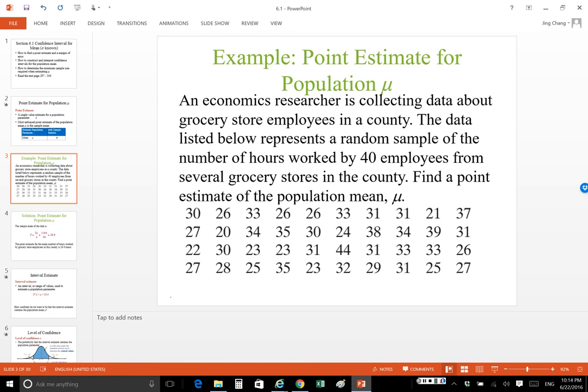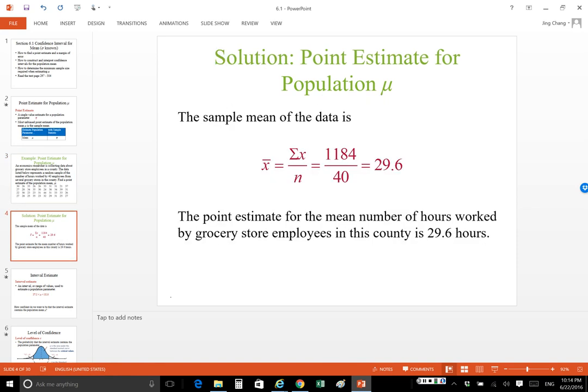If you want to estimate the average work hours of grocery store employees in this county, we can select this sample of 40 employees and use their sample mean. If you put these numbers in StatCrunch, you can find the sample mean is 29.6. Then you can say, on average, we estimate that the number of hours worked by all grocery store employees in this county is 29.6 hours.